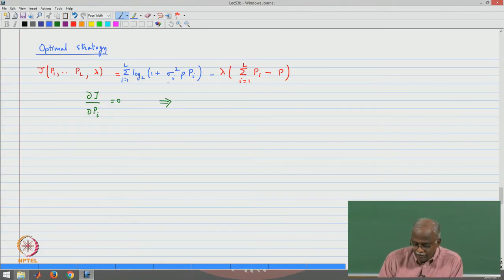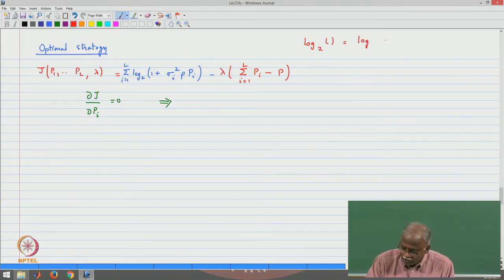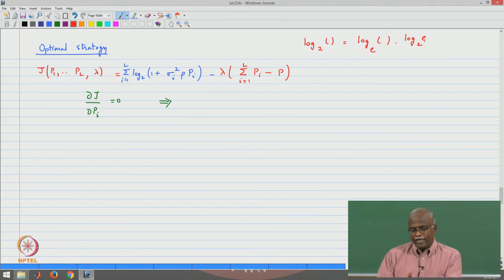And notice when I differentiate with respect to Pi, I will get only one term from the first expression and one term from the second expression. Also keeping in mind that we can always write logarithm of a quantity to the base 2 in terms of the logarithm of the quantity base e multiplied by logarithm of e base 2. So I would like to write it in terms of the natural logarithm times log e base 2.